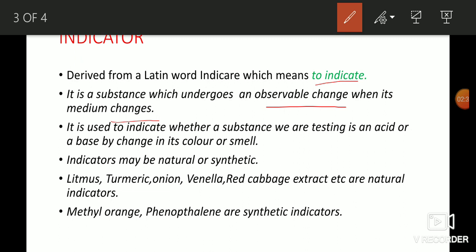There will be a change in this indicator, which will show us whether this solution which we are testing is an acid or base or a neutral solution. So we can say also, indicator is used to indicate whether a substance we are testing is an acid, a base, or a salt.